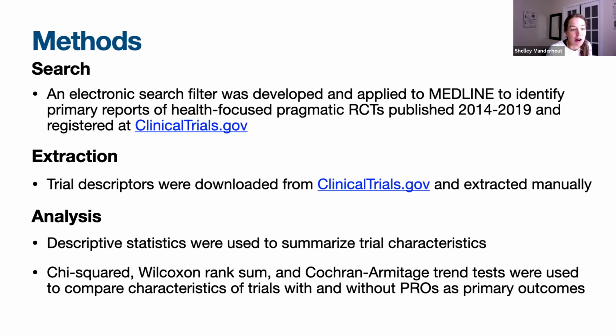In terms of data extraction, trial descriptors were downloaded from clinicaltrials.gov as well as extracted manually. And for analysis, descriptive statistics were used to summarize trial characteristics, and various tests of association were used to compare characteristics of trials with and without PROs as primary or co-primary outcomes.